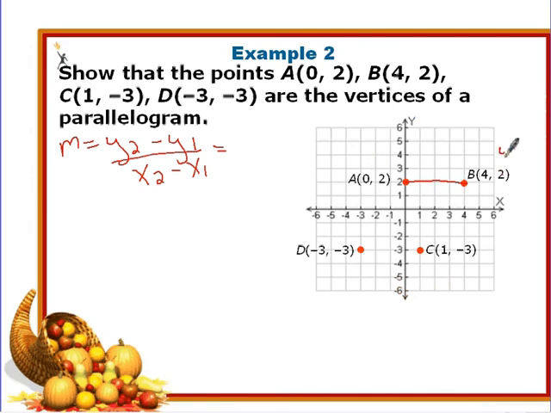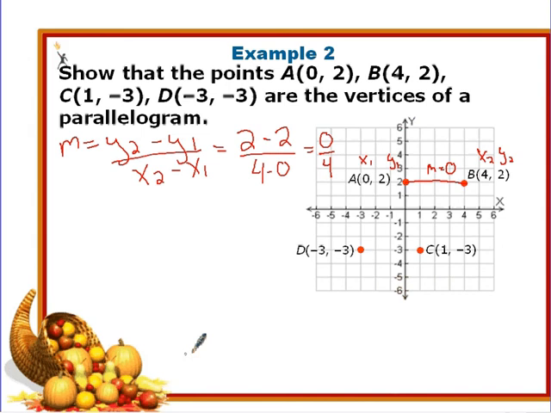There's the y2, x2, x1, y1. For these two, y2 is 2 minus y1, 2, over 4 minus 0. So 2 minus 2 is 0, 4 minus 0 is 4. This line has a slope of 0.